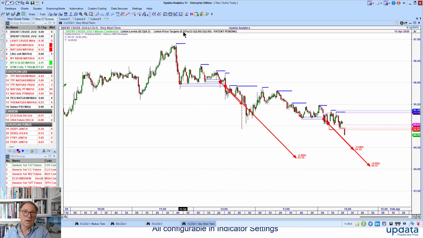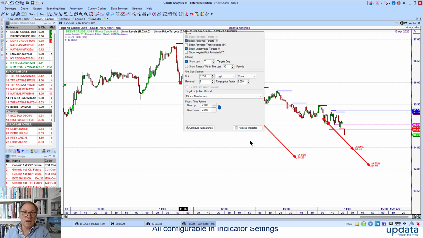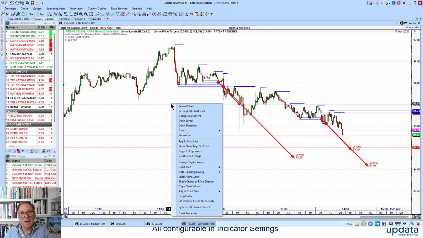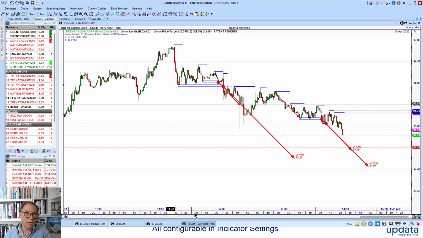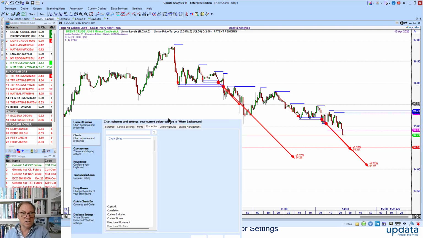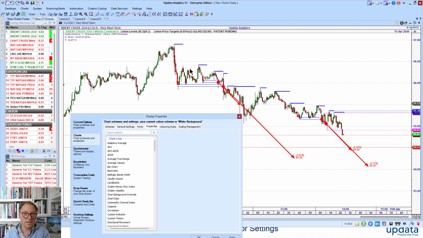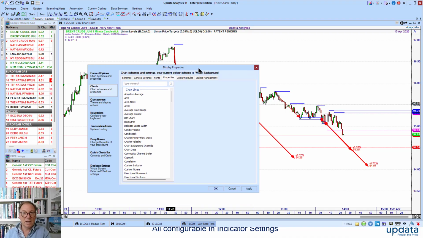So you can go here in Updata, and if you want to configure the appearance, you can do so. And also, if you go to the chart properties, there's a whole series of settings that you can set for the targets. I do recommend, to begin with, you don't change these, but if you want to, email our help desk, and they will tell you how you can actually activate these targets.